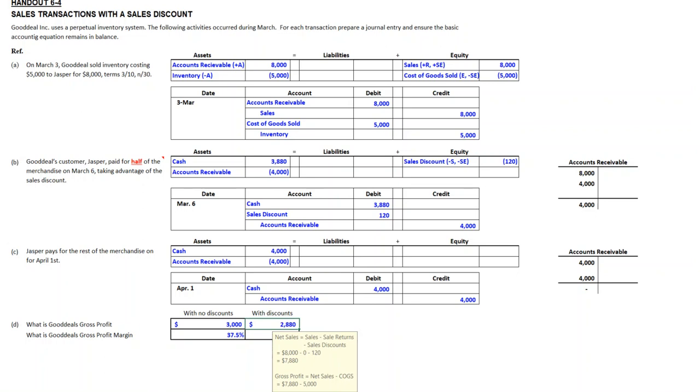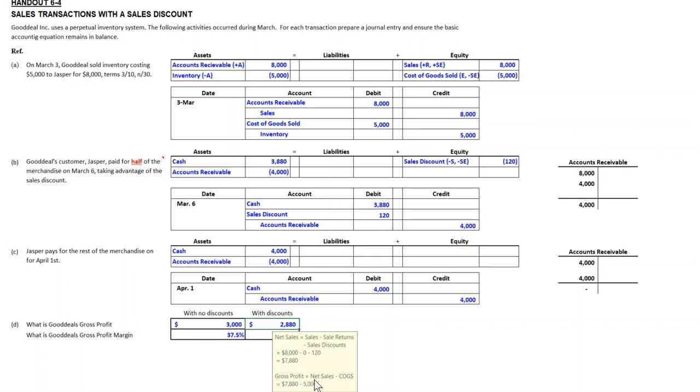Now, with the discounts, however, our gross profit goes down, as does our net sales. And of course, our gross profit margin would have also gone down. And notice we calculate that gross profit by taking sales of $8,000, subtracting any sales returns, which we didn't have in this case, and subtracting any sales discounts. We had $120 in discounts, so net sales were $7,880.